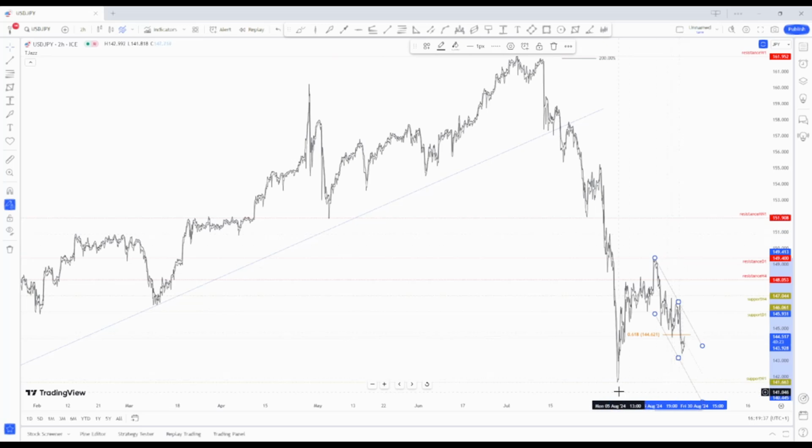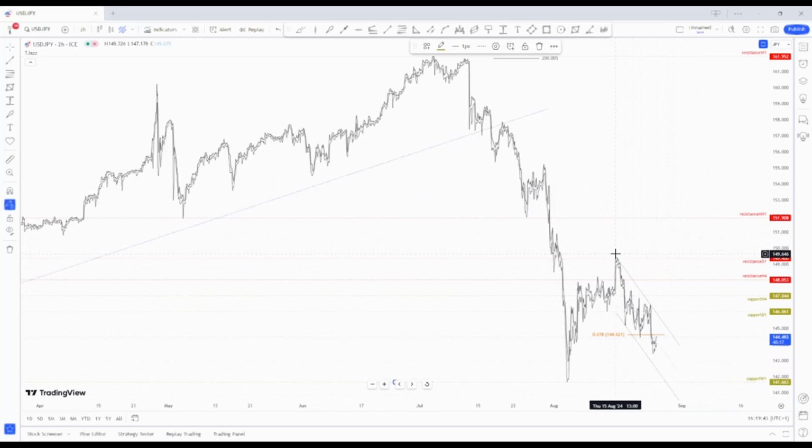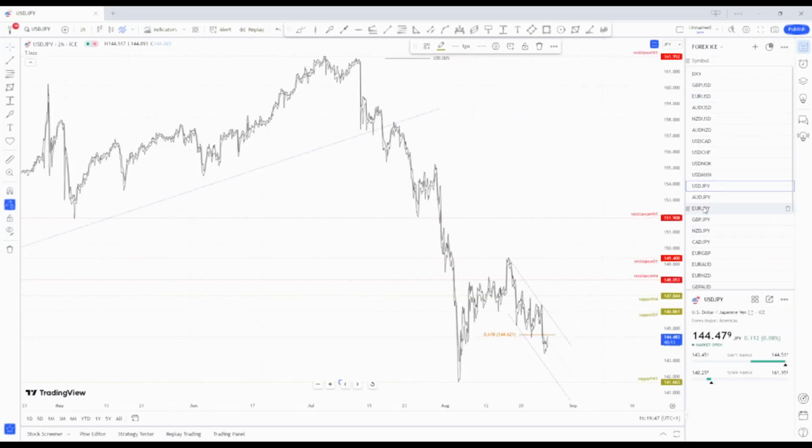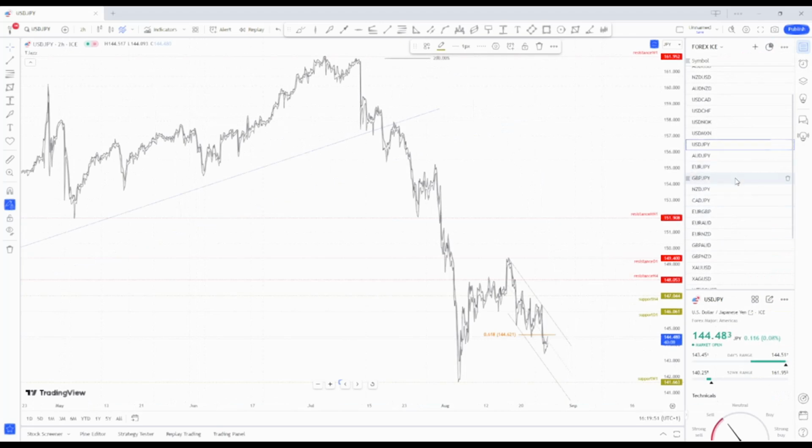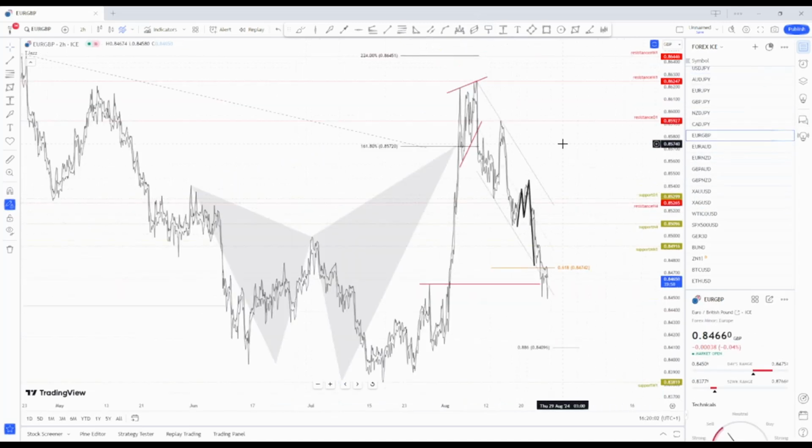Let's see if the market will at least approach this weekly fractal resistance support level. But even so, if you want to explore more about the Japanese yen, the Aussie, the euro, the cable, the Kiwi, all of them, just check the video that I posted before specifically related to those Japanese yen pairs.